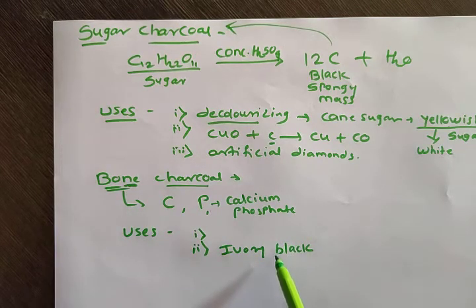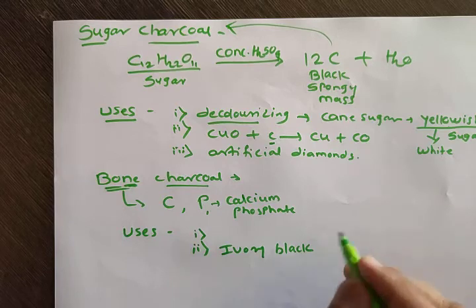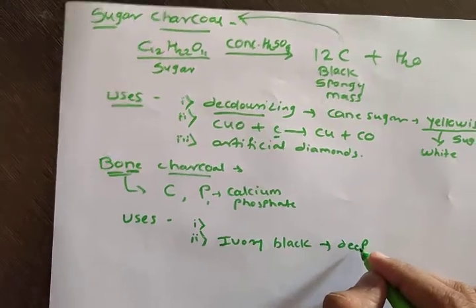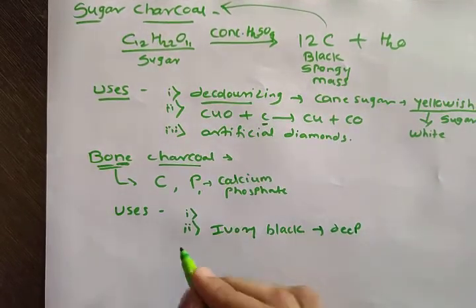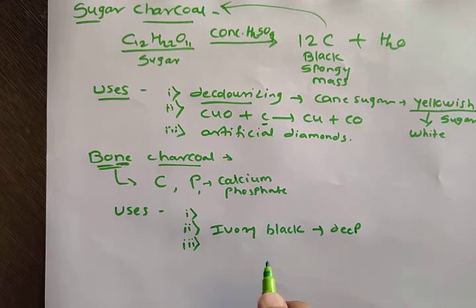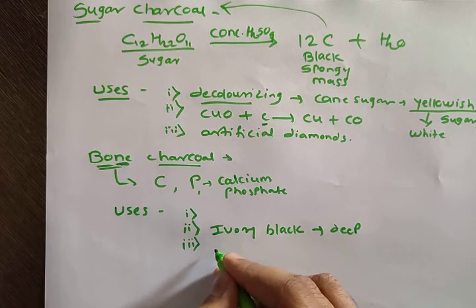So this ivory black is used as a pigment for adding into the paints. Because this ivory black has a very deep, very dark black color, therefore it is used in the paints.